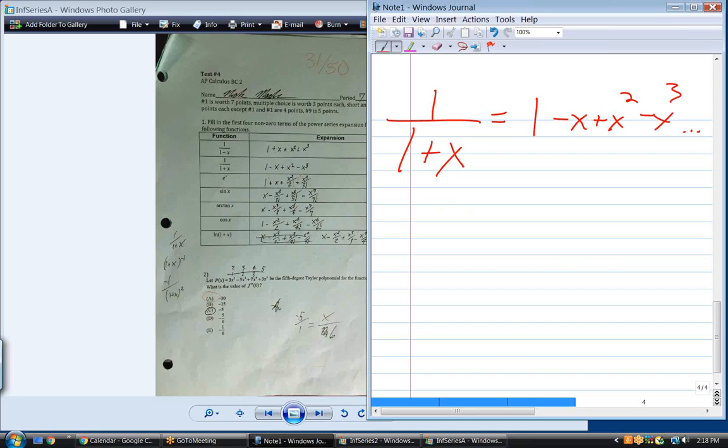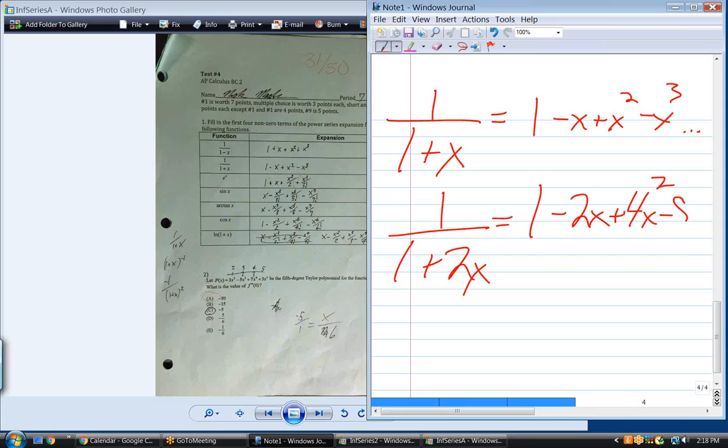Now if I said, well, what is 1 over 1 plus 2x equal to? What would you do? You'd plug in 2x wherever you saw x. So it actually would become 1 minus 2x plus 4x squared minus 8x cubed and so forth.